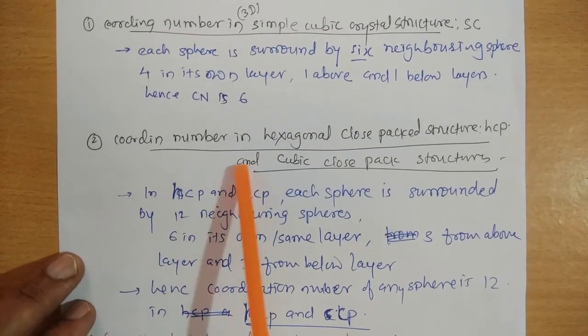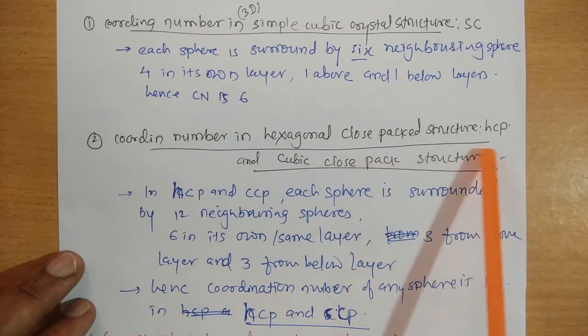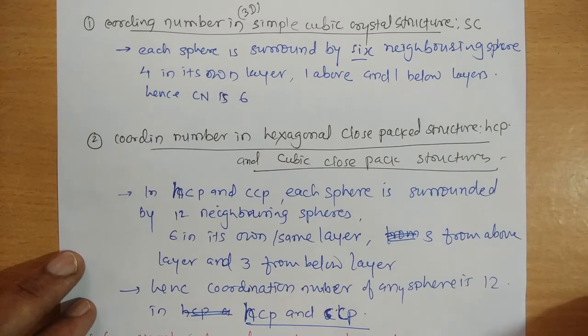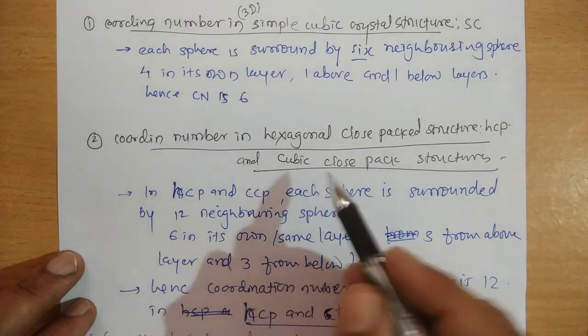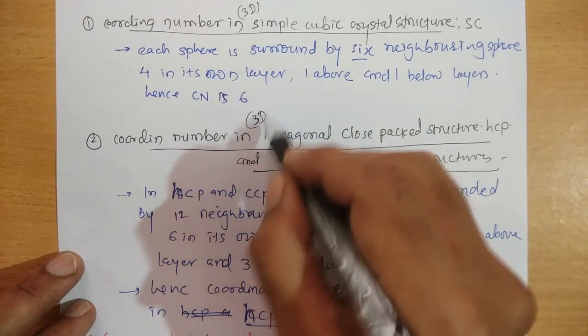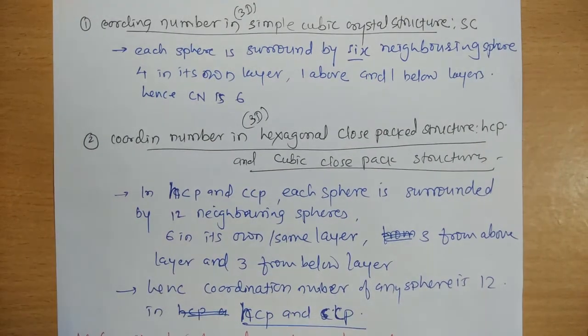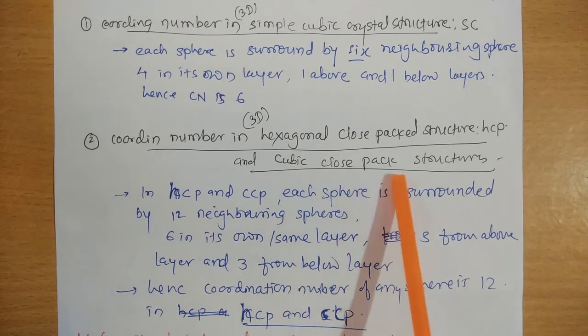Okay. Now coordination number in hexagonal close-packed structure, three-dimensional. In three-dimensional, it is the hexagonal close-packed structure HCP and the cubic close-packed structure. This cubic close-packed structure is also called the face-centered cubic structure, FCC.